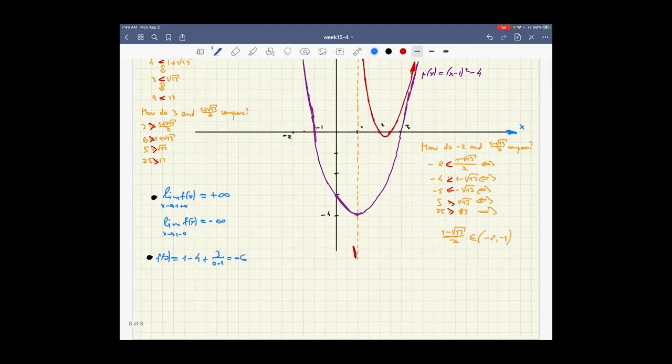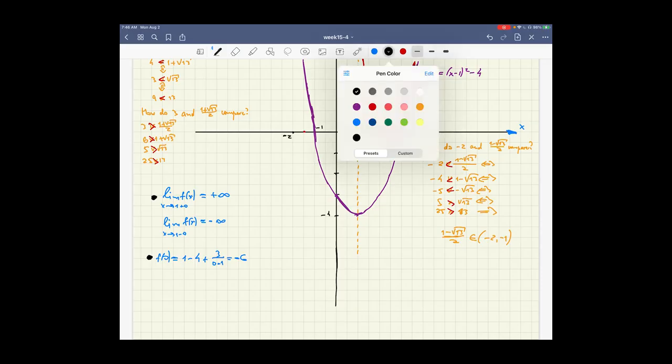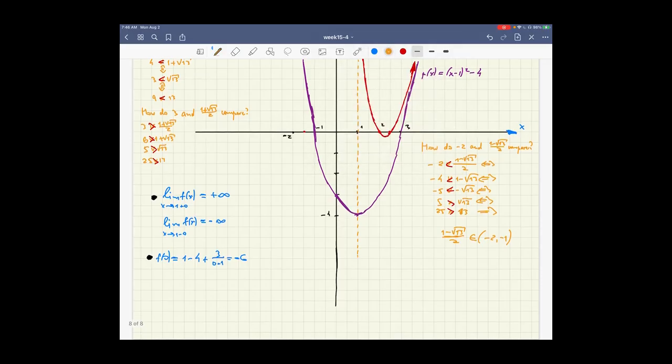So our function passes through the point 0, negative 6. All right.